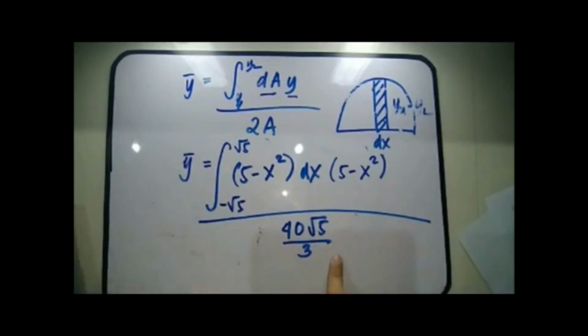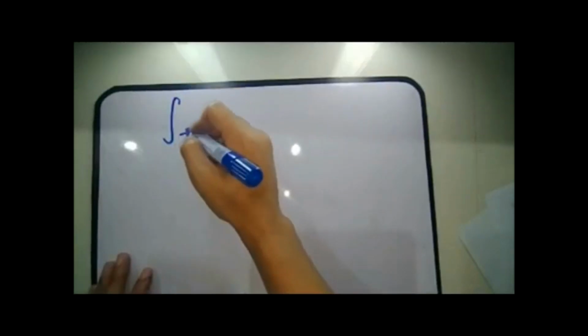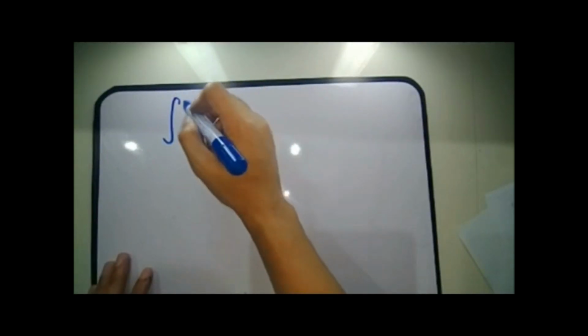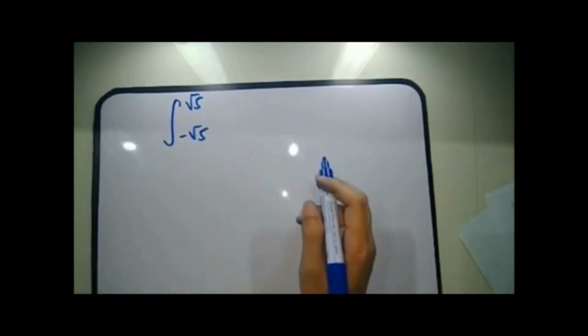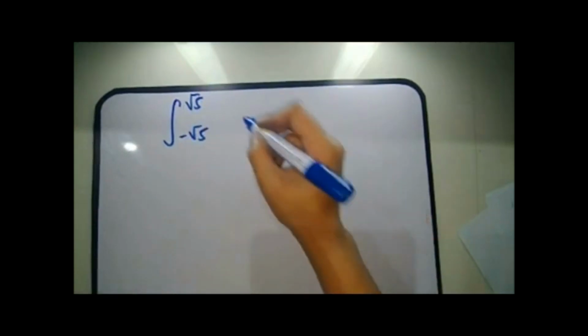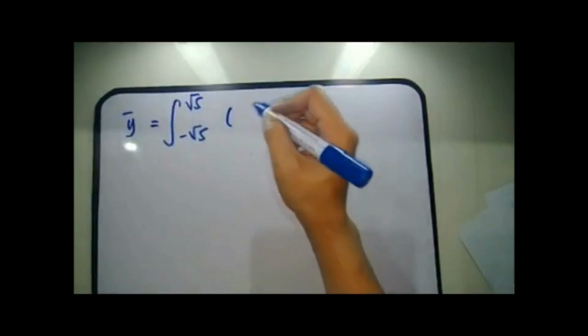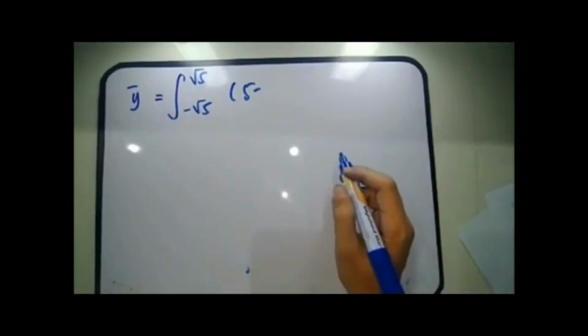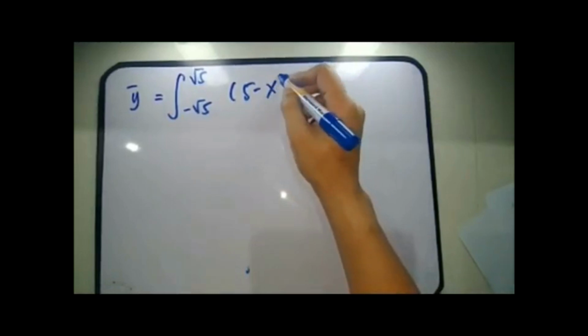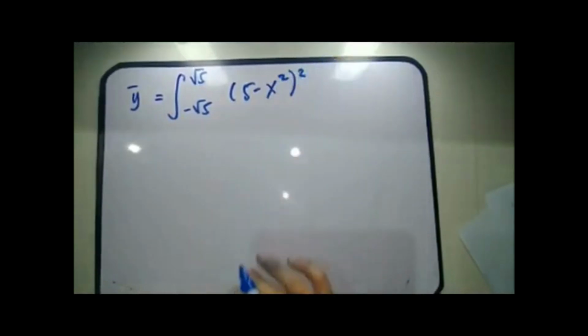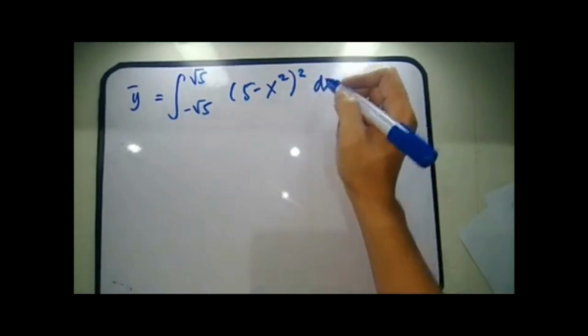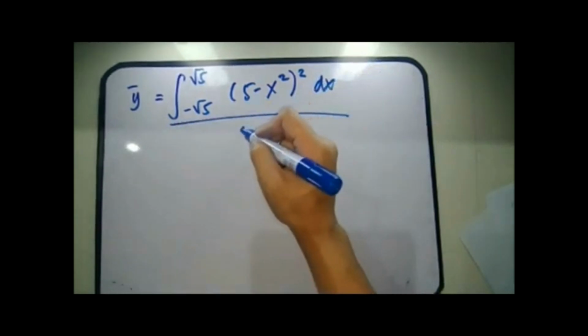Then i-perform natin yung nasa taas. So i-simplify lang natin, guys, yung nasa taas. So we have here the definite integral. ȳ equals, we have here limit natin negative square root of 5 to the square root of 5 of quantity 5 minus x squared, squared, differential of x.